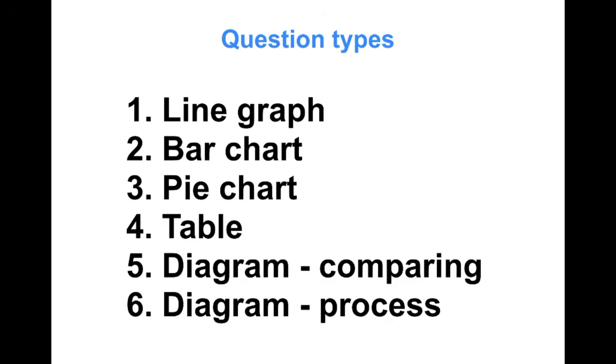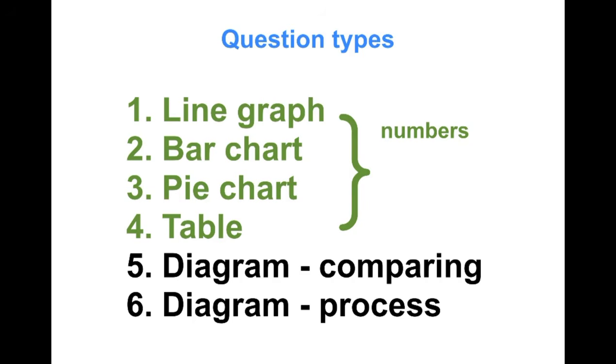Now I always ask my students, what do numbers 1 to 4, line graph, bar chart, pie chart and table have in common? I've highlighted those 4 in green because they're very similar. The answer is that they all show numbers. When you're describing a line graph, bar chart, pie chart or table, you're just describing something that shows numbers.